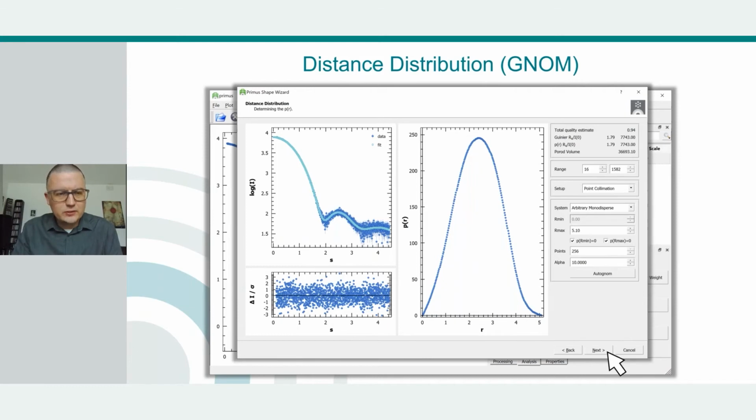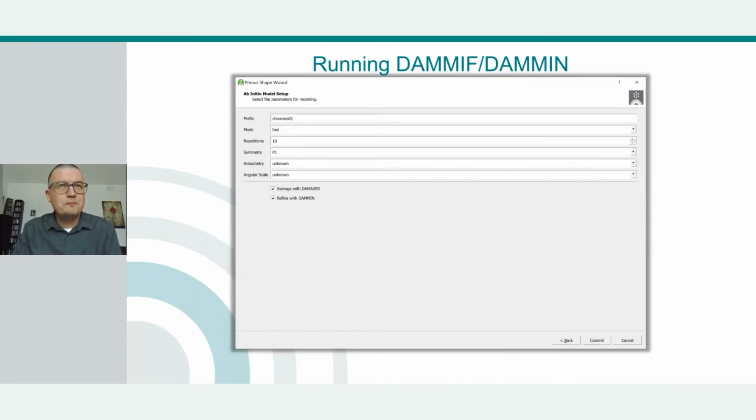And this will bring you to the window where you configure how to start the DAMIF runs. So DAMIF is an Ab Initio shape reconstruction program. Here you can choose between fast mode and slow mode. Fast mode is a preset that results in a smaller number of bigger beads. And slow means that there will be a larger amount of smaller beads.